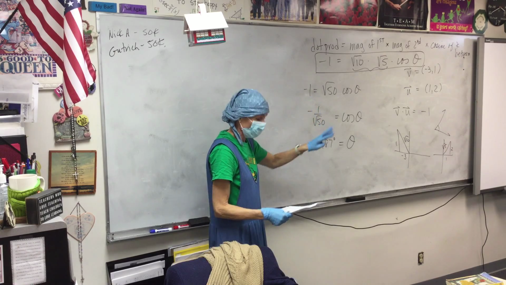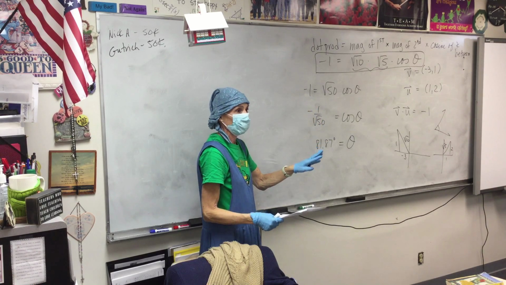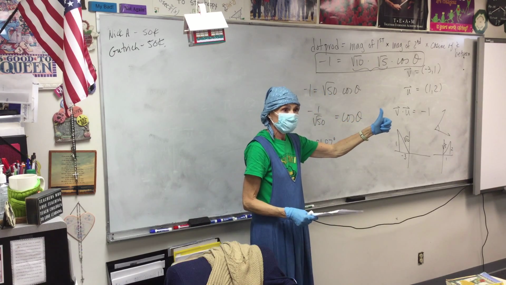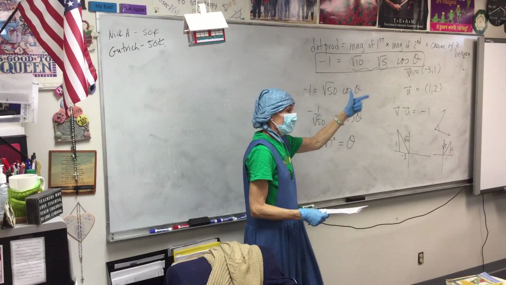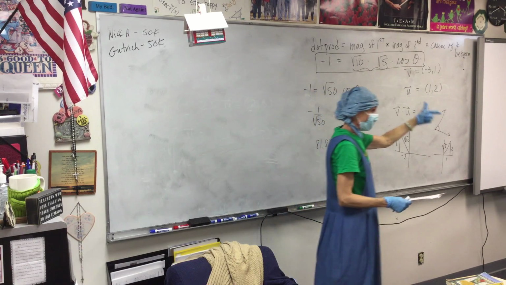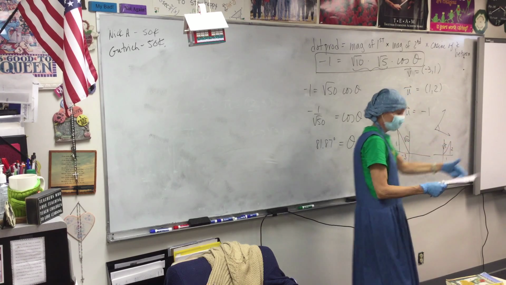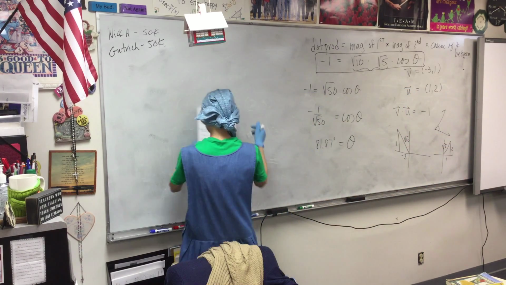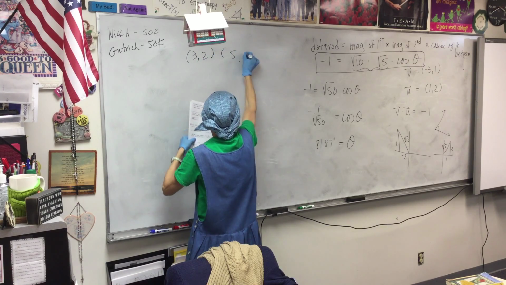What is the rule? When it says find the angle between two vectors, what's the rule? Dot product, which you know how to find, equals magnitude times cosine. Right? So here we go. Our two vectors are 3, 2, and 5, 4.